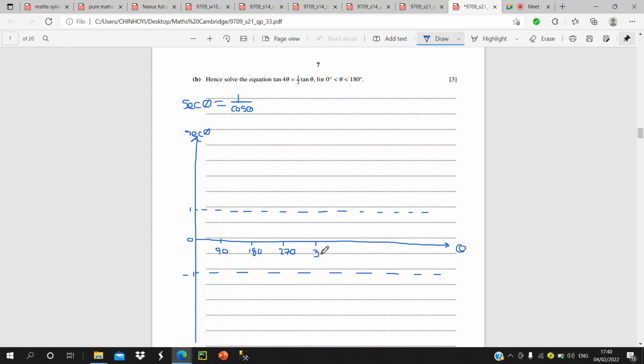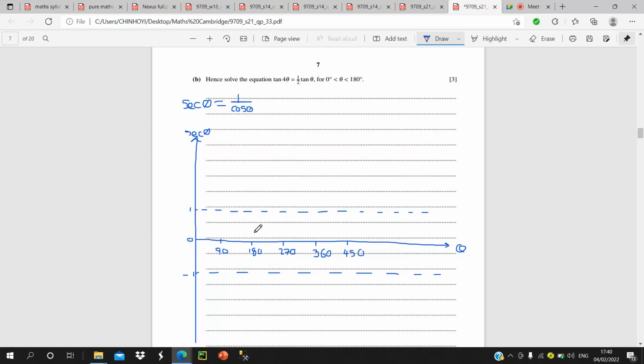Or if you want to extend, what's the next value after 360? If you add 90 to 360, what do you get? It's 450. Okay.